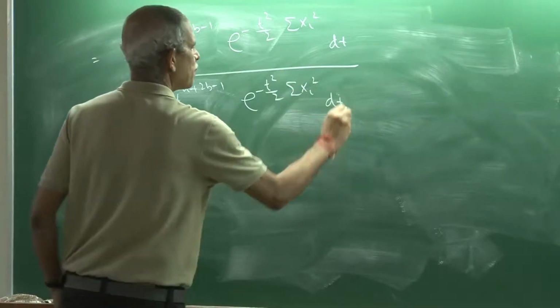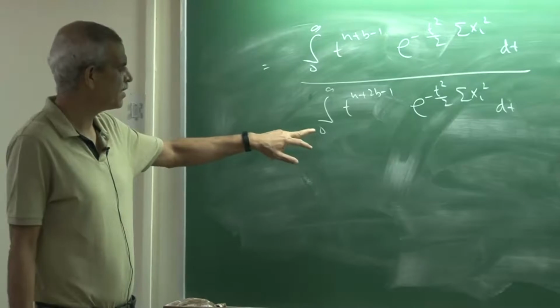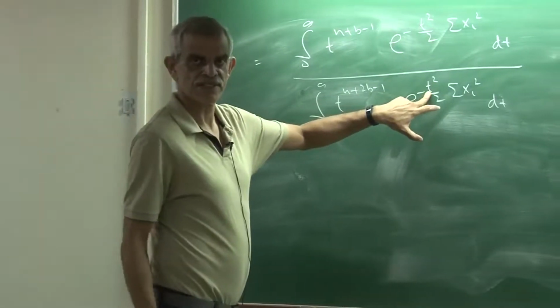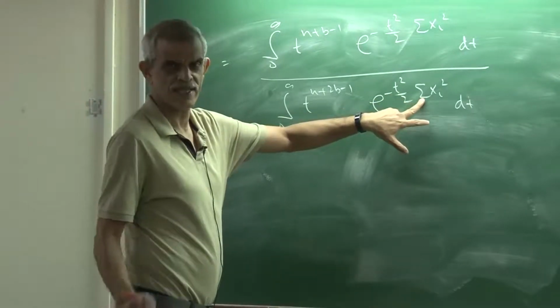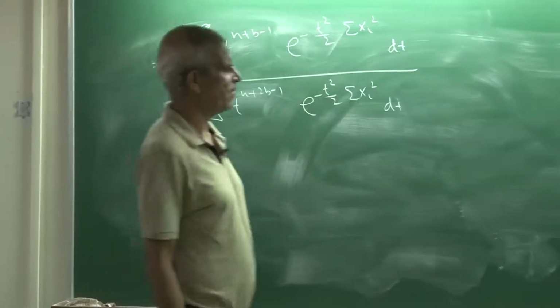Note that the range of integration is 0 to infinity. So t and t square are one-to-one functions, or in other words, since the range of integration is 0 to infinity, t square is a one-to-one function. So I can make a transformation, t square by 2 summation xi square as some other variable, so that I get everything in terms of a gamma function.